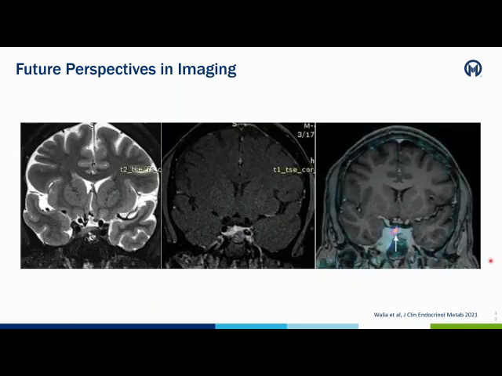Nevertheless, I would like to bring attention to this study where they have developed a new tracer that's targeted to CRH1 receptors highly expressed in corticotroph adenomas, so pituitary tumors that produce ACTH.